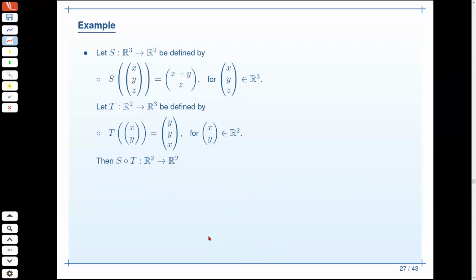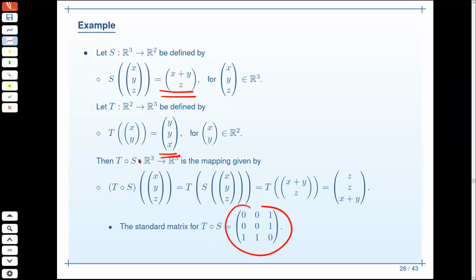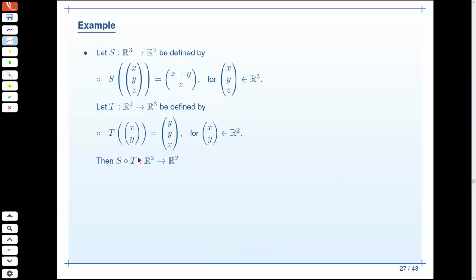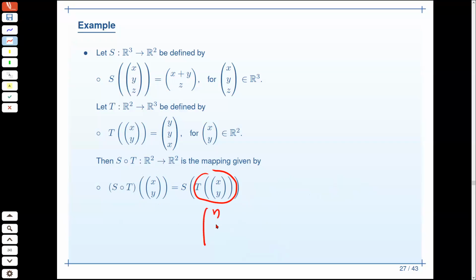Let's see another way. So this is the mapping, and this is T composite with S. Now, if you look at S composite with T, we just reverse the order. First we apply T to x, y, then apply S. T applied to x, y is given by y, y, x.